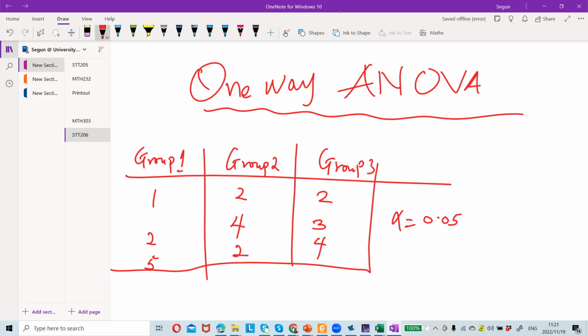So what are the steps to follow while solving the one-way Anova? The first step is to state your hypothesis. The next step is to get the degrees of freedom. You have 2 degrees of freedom: degree of freedom between the groups and degree of freedom within the group. So we need to take note of that.